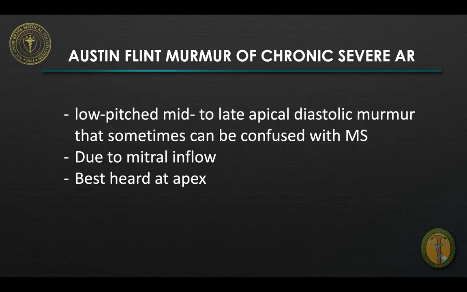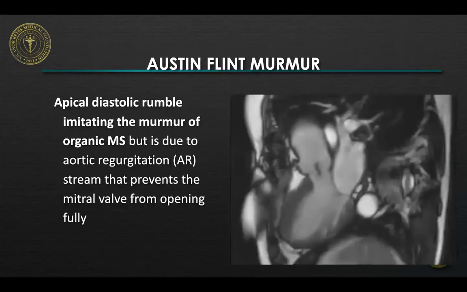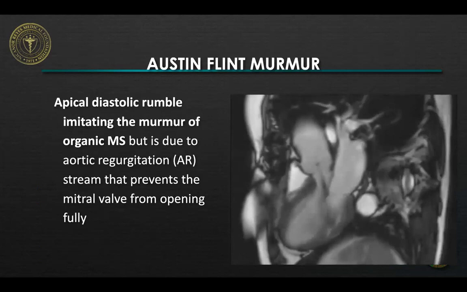This is due to the mitral inflow, and it is best heard at the apex. This video clip shows how a severe aortic regurgitation murmur mimics an organic mitral stenosis murmur, or what we call an Austin Flint murmur.